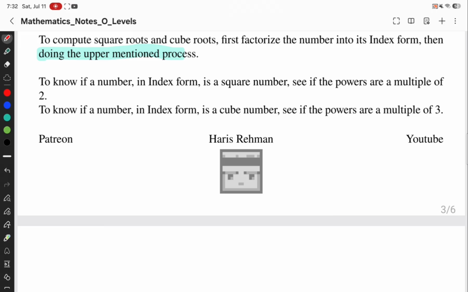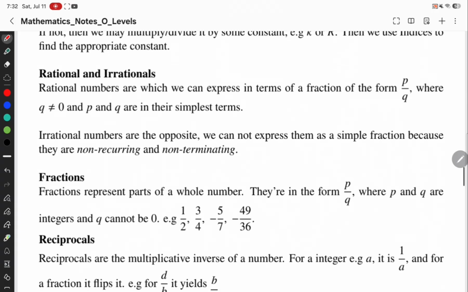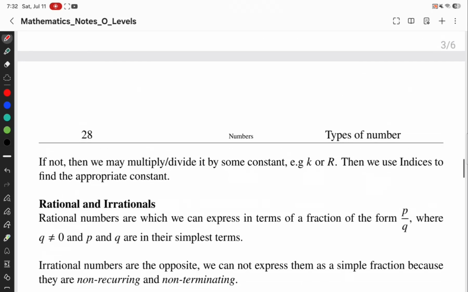That way we can fully understand these types of questions. Good trade-off, right? So if you are in the future and the indices video is out, then you may watch that before doing your HCF LCM paper 2.